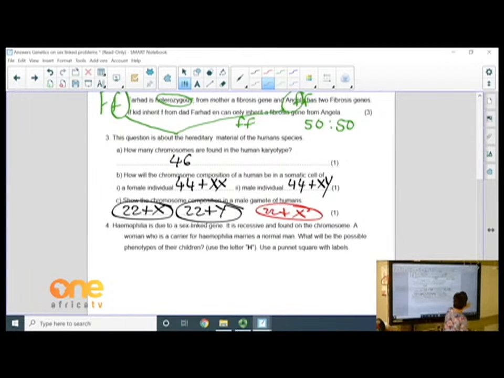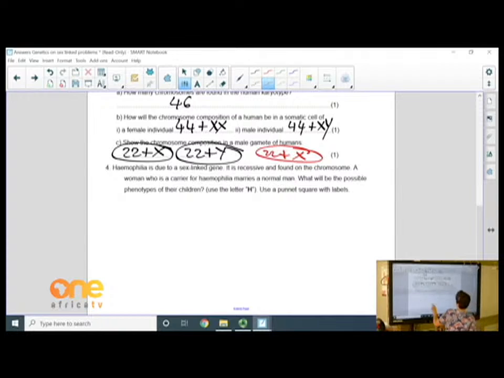So the question is, hemophilia is due to a sex-linked gene. It is recessive and found on the X chromosome. A woman who is a carrier for hemophilia marries a normal man. What will be the possible phenotypes of their children? Use the letter H and use a Punnett square with labels.